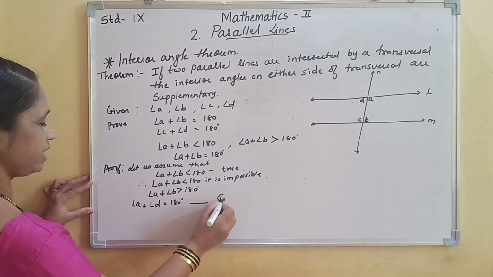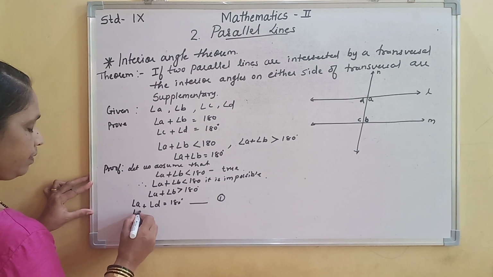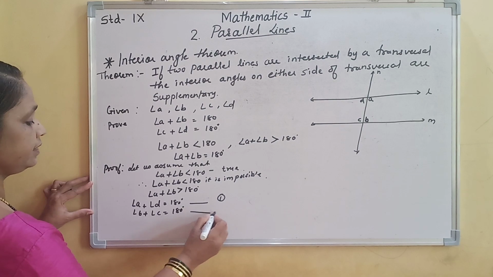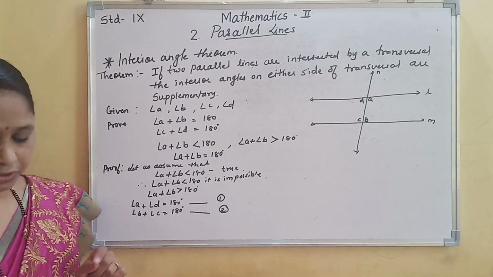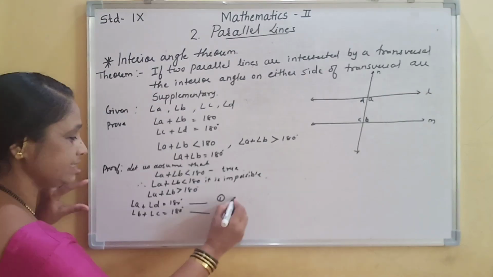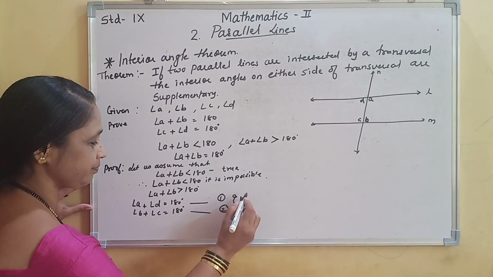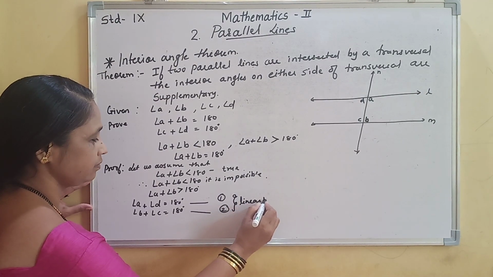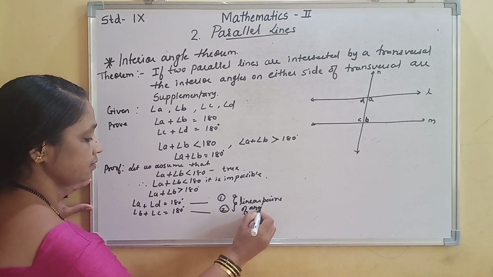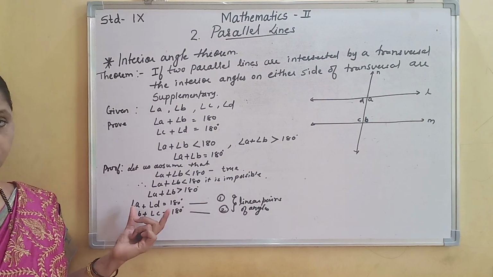Okay. We'll give this as 1. And angle B plus angle C is equal to 180 degrees. This we will give as 2. Now what will we do? Now these are angles in a linear pair.